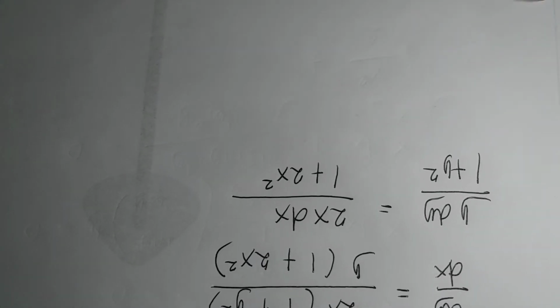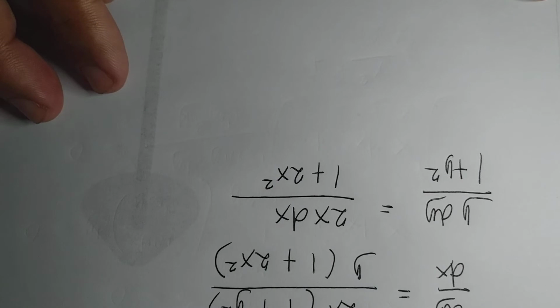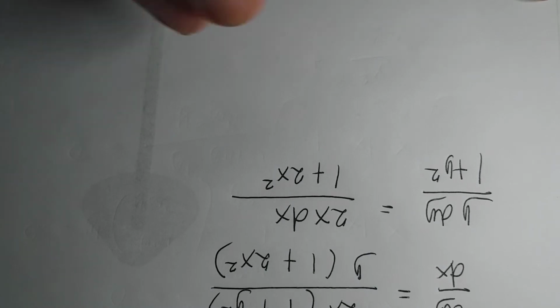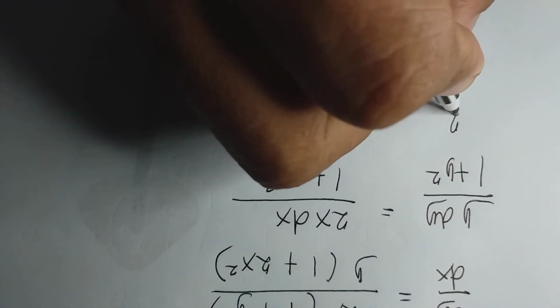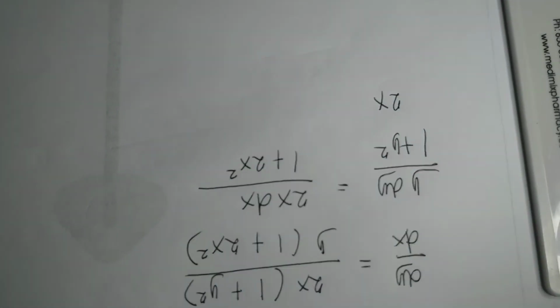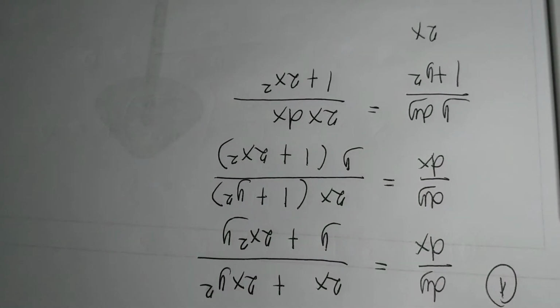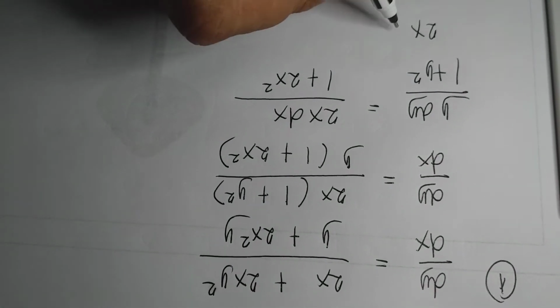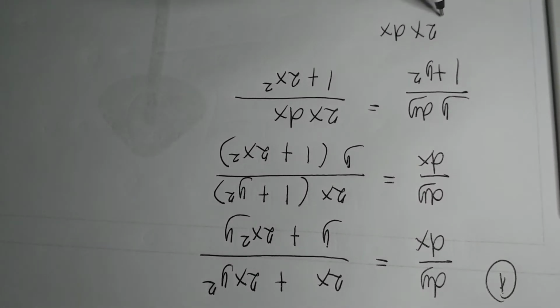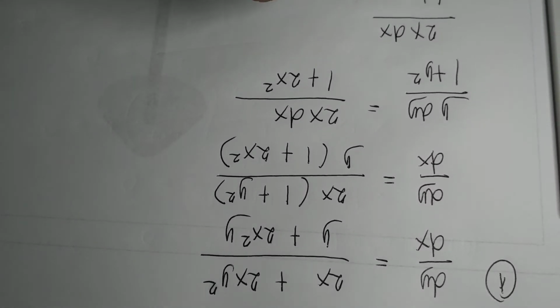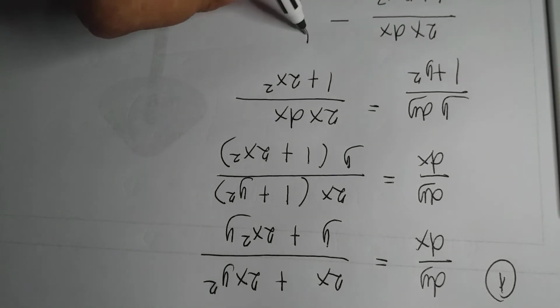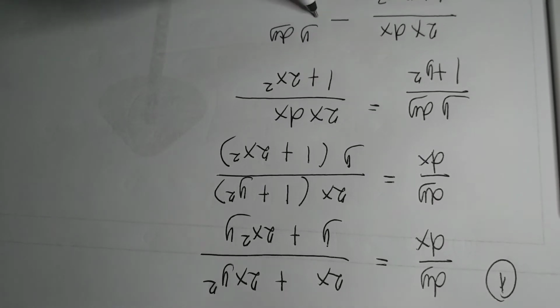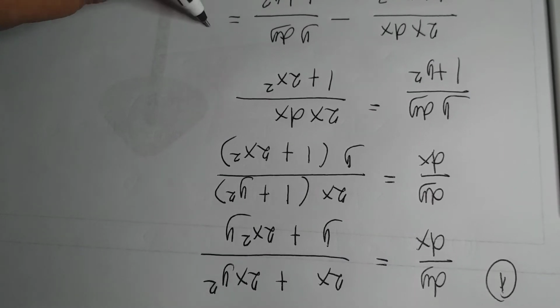So, transposing y dy over 1 plus y squared to the left, we have 2x dx over 1 plus 2x squared minus y dy over 1 plus y squared, and equate this to 0.